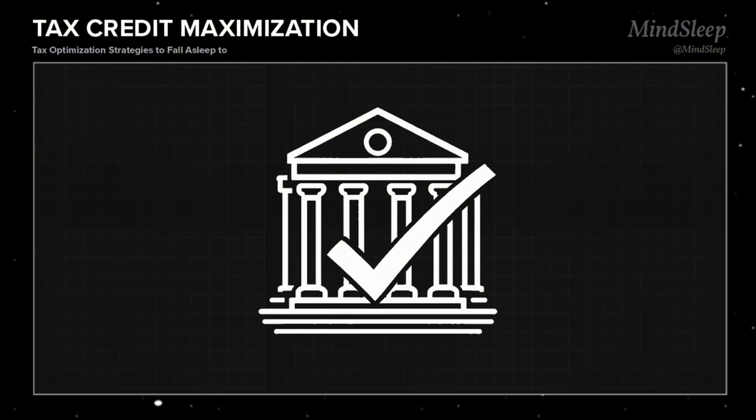For some families, it might be beneficial to accelerate or defer income to maximize this credit. Similarly, for education credits, timing your tuition payments can make a significant difference in your credit eligibility from year to year. For businesses, the landscape of tax credits is even more complex and potentially rewarding.